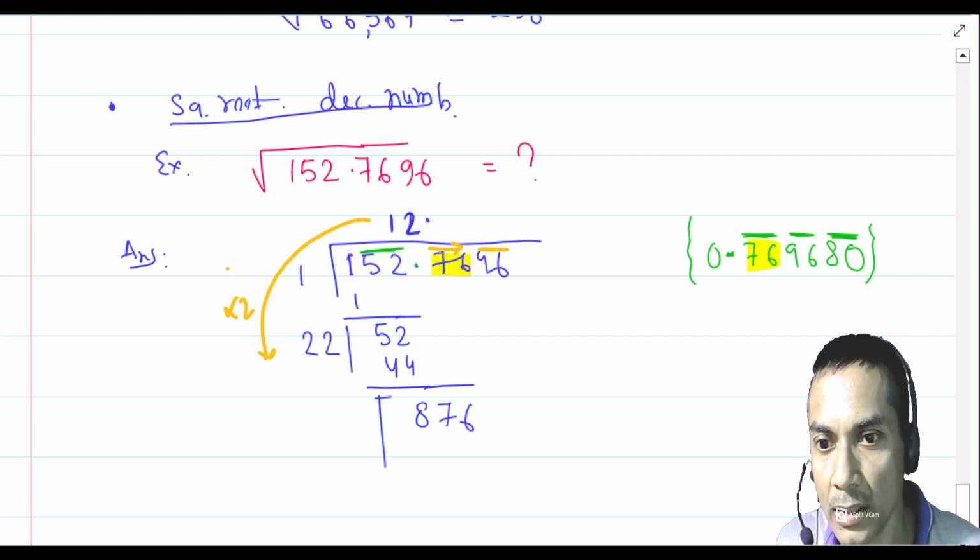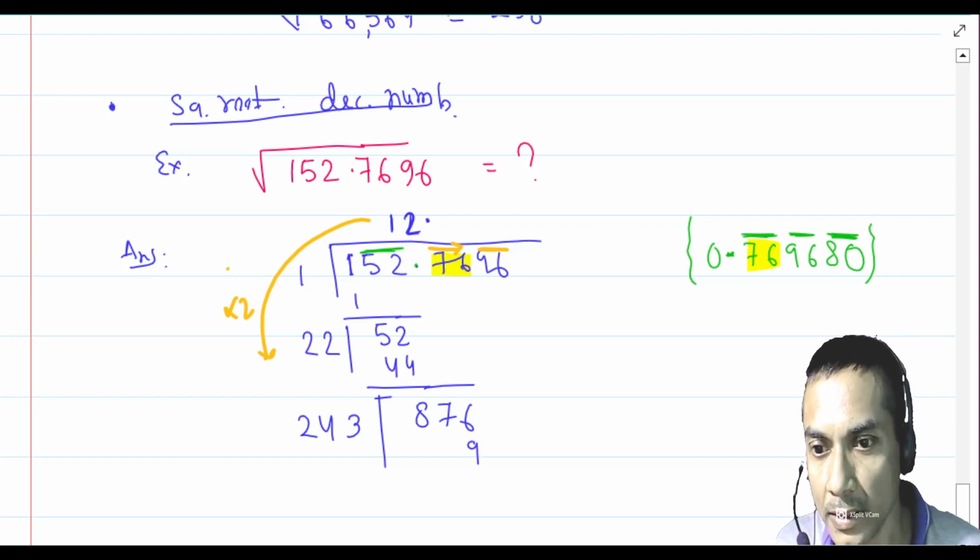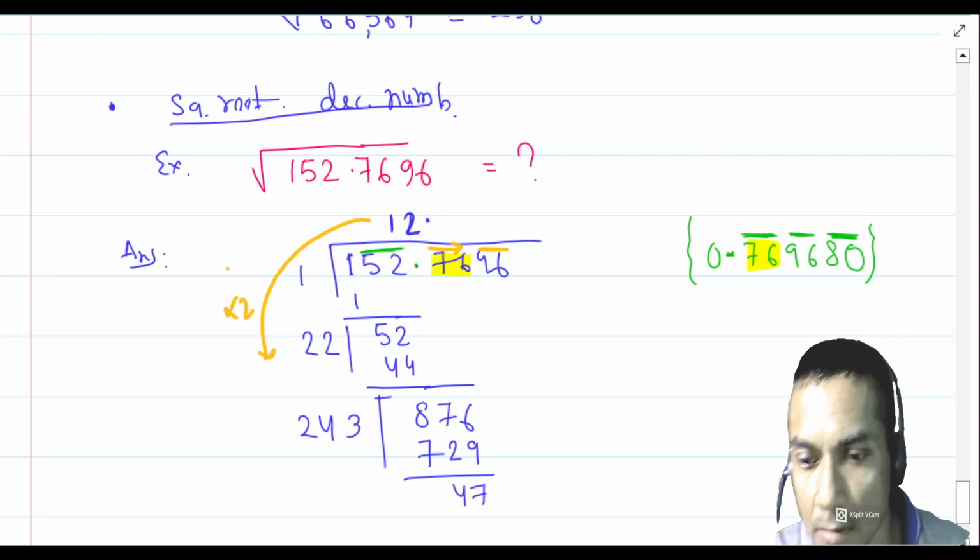again you multiply 24, then you check the value which is nearest, it will be 3. So 9, 7, 3 4 and 1.